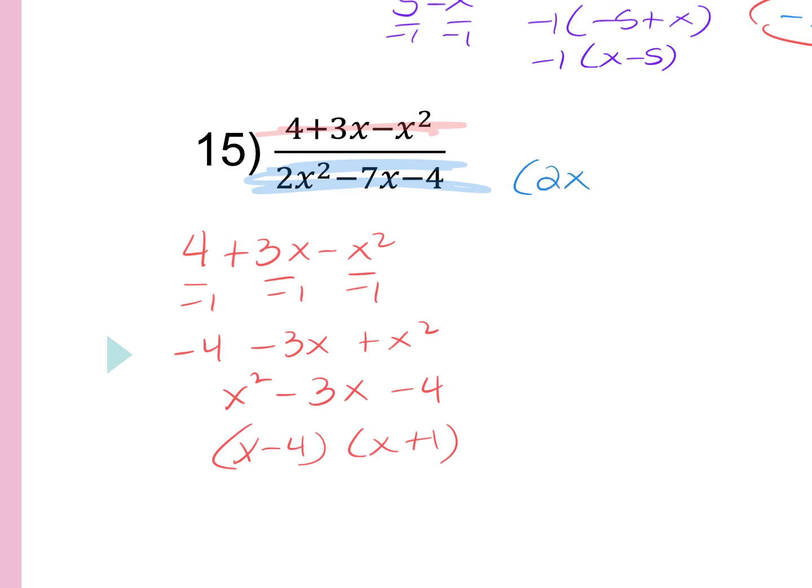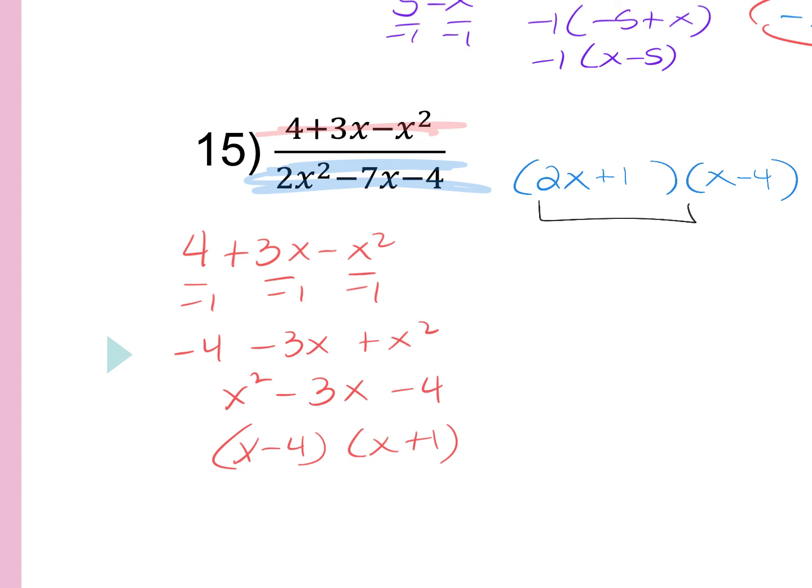So the factors of 2x squared are going to be the 2x and the x. And then the factors of 4 are either going to be 1 and 4 or 2 and 2. Now to get a 7, I'm going to actually do a positive 1 and a negative 4. Now, if you're going to guess and test and not do the grouping, you need to FOIL this.